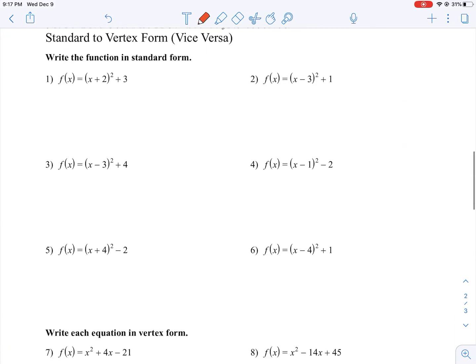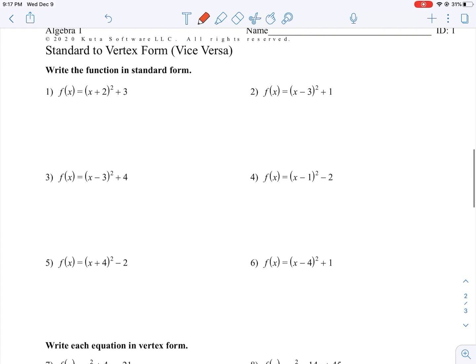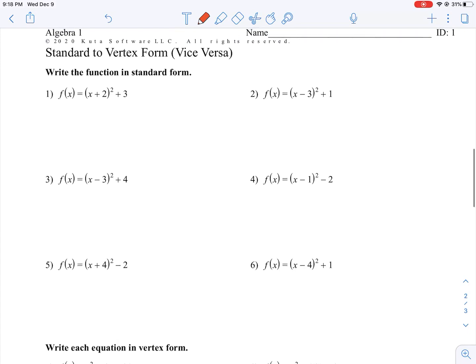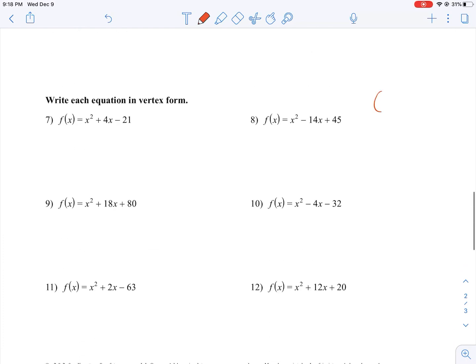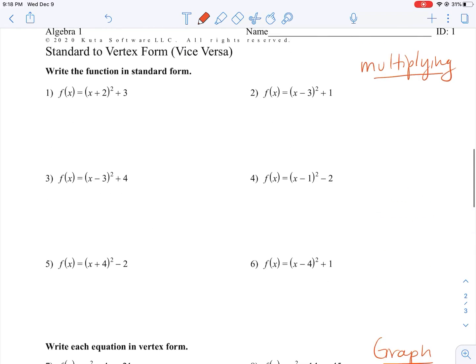Okay, and then when we're moving in and out of vertex form, on the top section, the same thing, you're going to multiply again, just multiplying looks a little bit different. So you're going to multiply on the top, and then you will graph again on the bottom to write it into that form. So this one's a little extra, there's just an extra step to it.